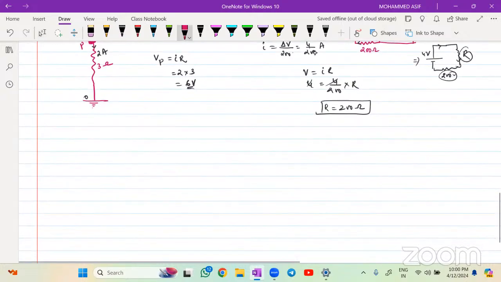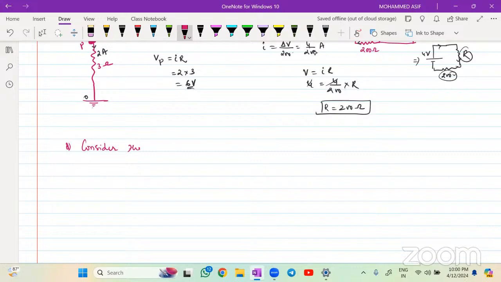See this question. Consider the circuit shown in the figure.